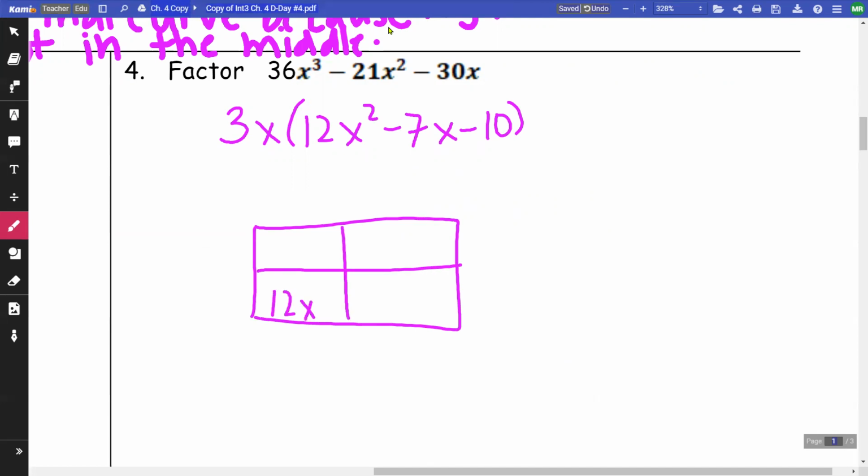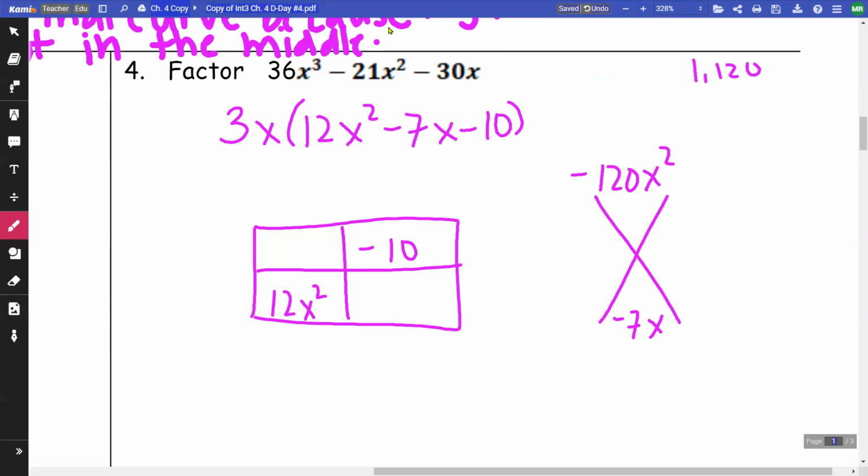So I'm going to have a 12x squared and a negative 10, which is a negative 120x squared, and has to add to that negative 7x. So for this, when I'm trying to think about things that multiply to 120 and add to a negative 7, let's see.